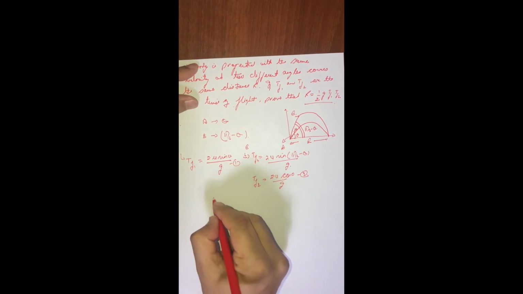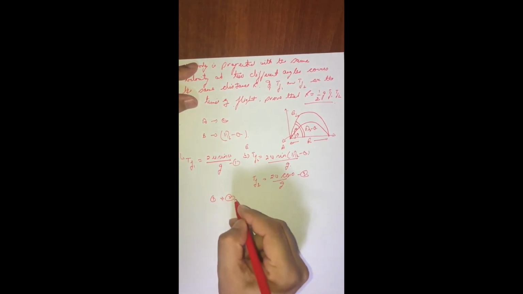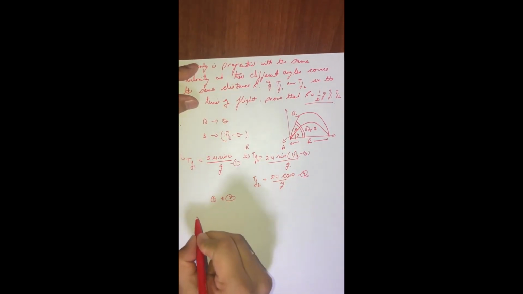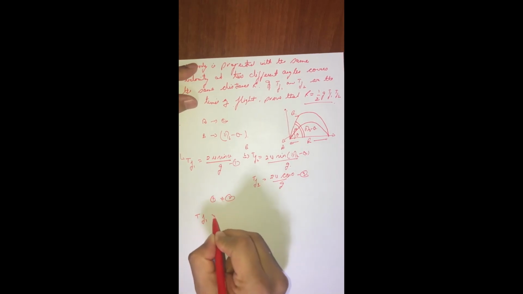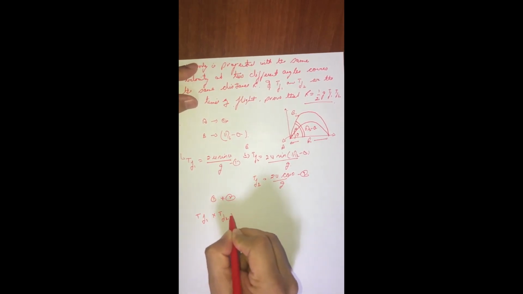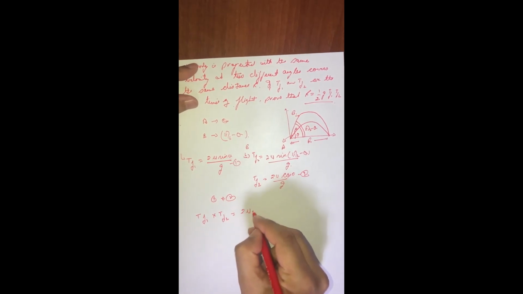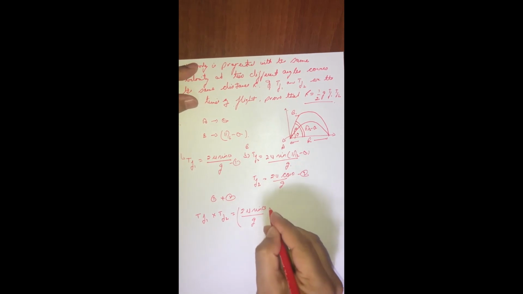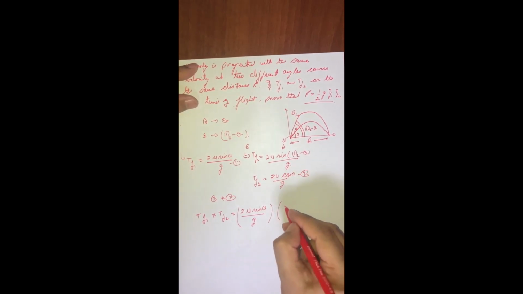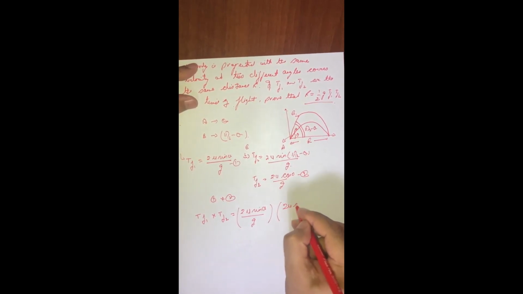If you multiply equation number 1 with equation number 2, we get Tf1 times Tf2 is equal to 2u sine of theta divided by g and 2u cos of theta divided by g.